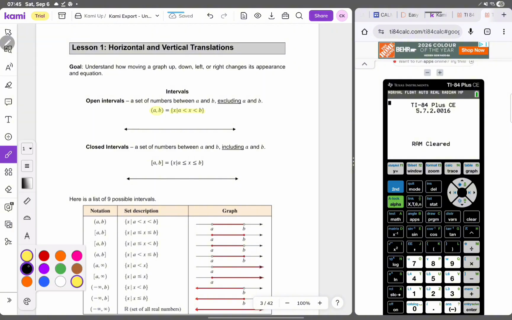So some key things here, this curved bracket means it's the open interval, means it's not equal to these endpoints. So on a number line, we would have a being our smaller value, b being our bigger value, and we would do everything in between.